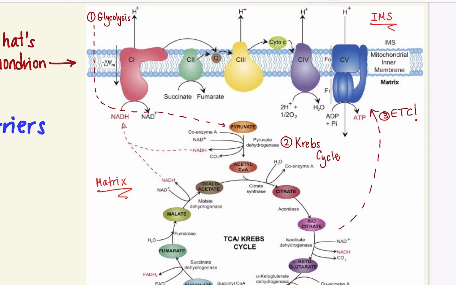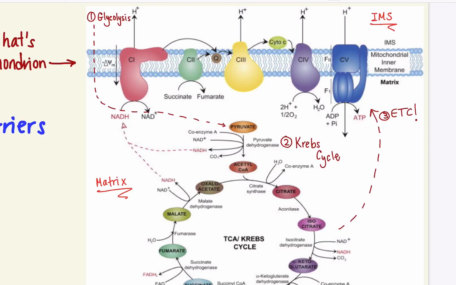Now, complex 4 is oxidized because it doesn't have electrons. So cytochrome C, being reduced, gives its electrons to complex 4. Cytochrome C itself becomes oxidized again because it just gave up its electrons. And now complex 4 becomes reduced with 2 electrons.